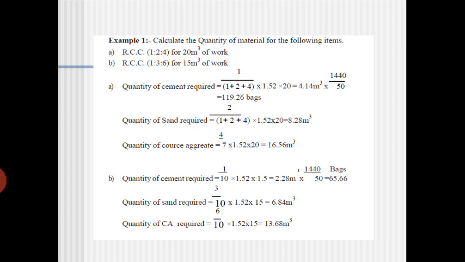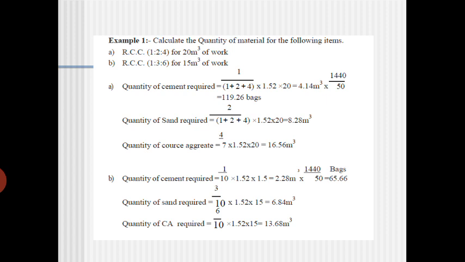Similarly, the quantity of coarse aggregate required is 4 by 7 multiplied by 1.52 into 20, so you will get 16.56. Make sure 1.52 and 20 come in the numerator, not the denominator.